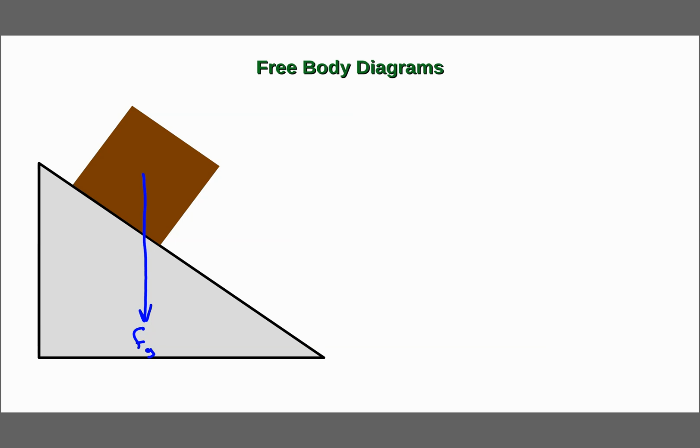The ground is in the way, and the ground pushes back on it. And we said that the ground applies what's called a normal force. And remember that the normal force is always perpendicular to the surface. So in this case, it looks like this, in the direction perpendicular to the ground. And if we don't have friction, that's all the forces that are acting on our block, okay?